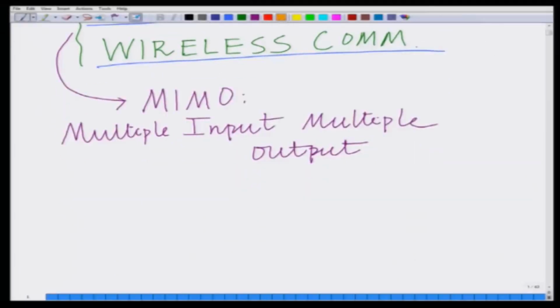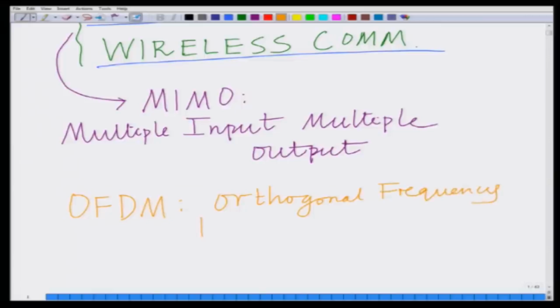And also another important group of systems is OFDM, or orthogonal frequency division multiplexing. MIMO OFDM systems, that is multiple input multiple output, and OFDM, that is orthogonal frequency division multiplexing, that is MIMO OFDM based wireless communication systems.